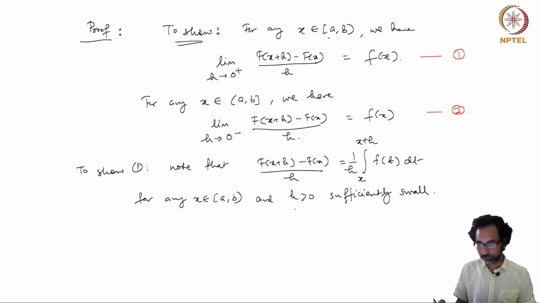So h should be sufficiently small, depending on the value of x, so that x+h is not greater than b.